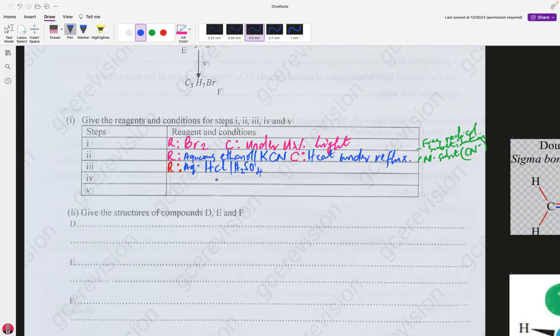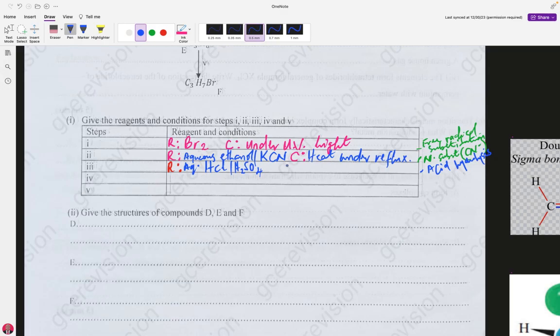So this is what we call acid hydrolysis, for number three.